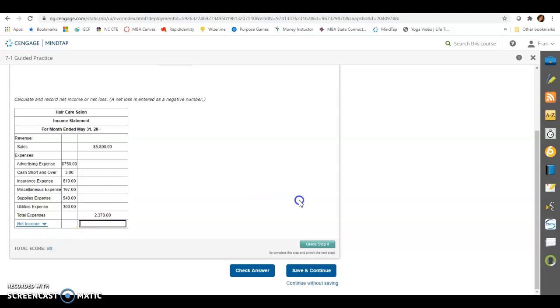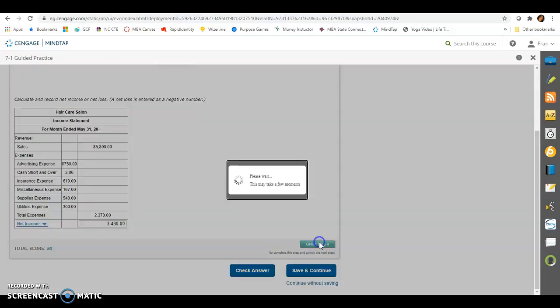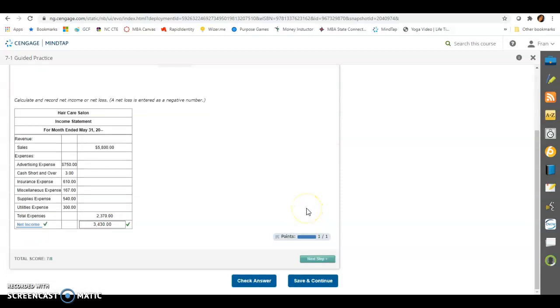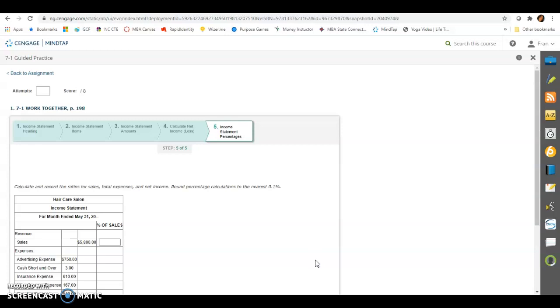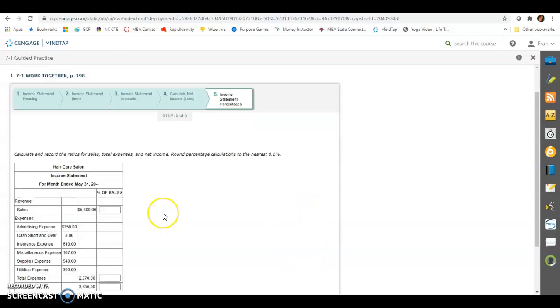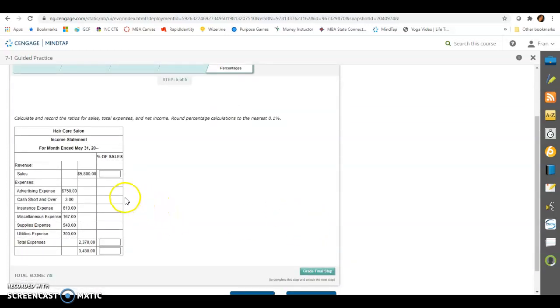We take $5,800 and subtract the expenses of $2,370. We come up with $3,430. That was easy. All right, last step. See, this goes a lot faster than you think and is a lot easier than you think. I think Chapter 7 is incredibly easier.